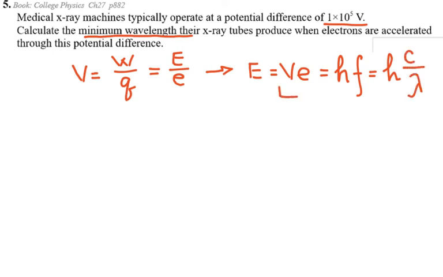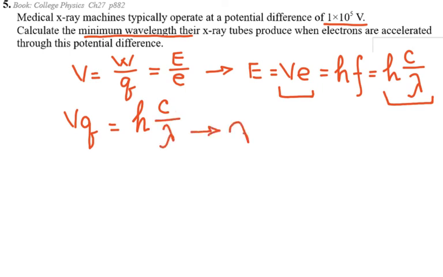So the voltage times the charge of the electron is equal to Planck's constant times the speed of light over the wavelength. So the wavelength is going to be equal to Planck's constant times the speed of light, divided by the potential difference times the charge of the electron.